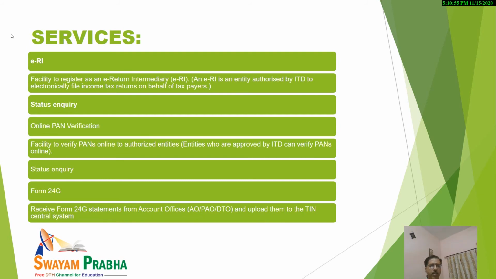What is meant by ERI? So kindly note, an electronic return intermediary is basically an entity that is authorized by the income tax department to electronically file ITR, that is income tax returns, on behalf of taxpayers, on behalf of assessees.